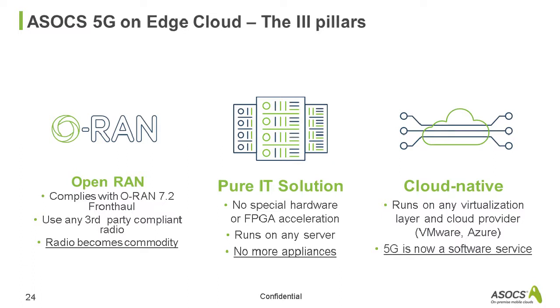The second element is that we do not require any type of appliances or hardware acceleration, so any server of any type can be used as a platform to run this software. Clearly, in a managed cloud environment such as Amazon Outposts or Azure ASCs, that decision is made already by the cloud provider. And these two key elements create this cloud nativeness.